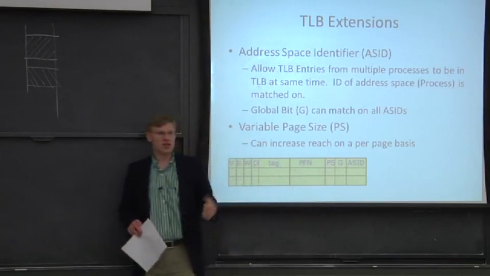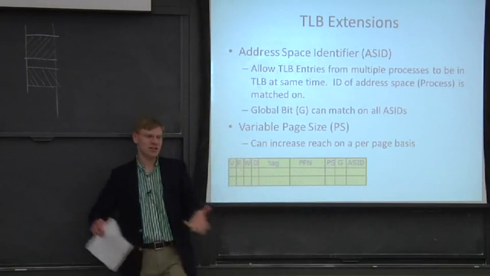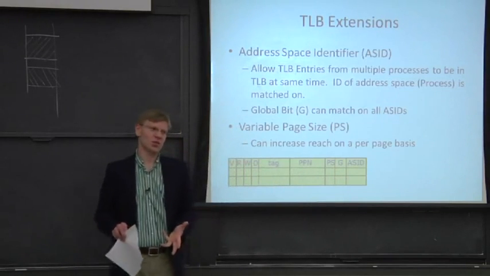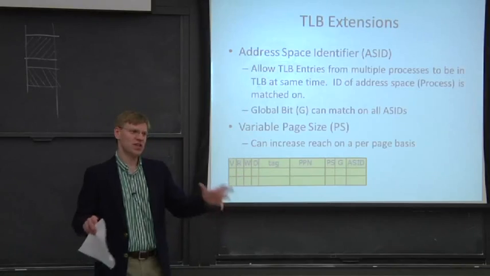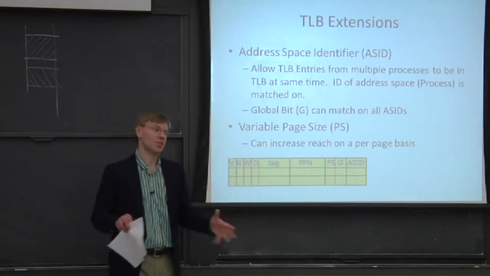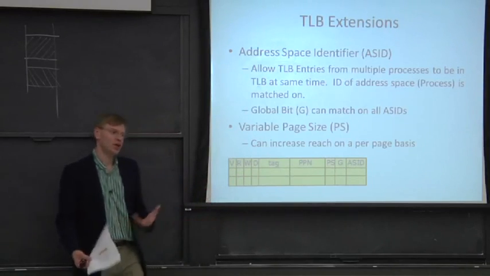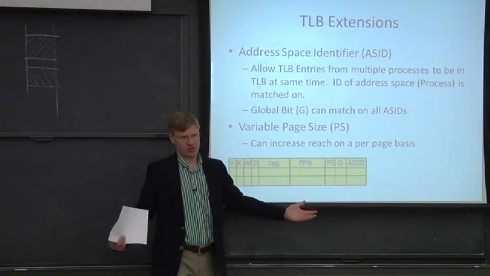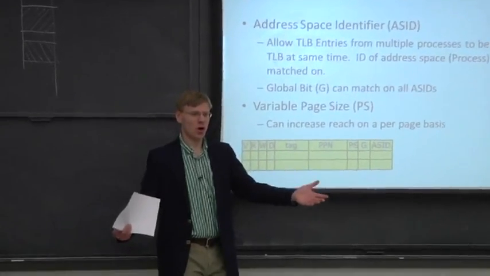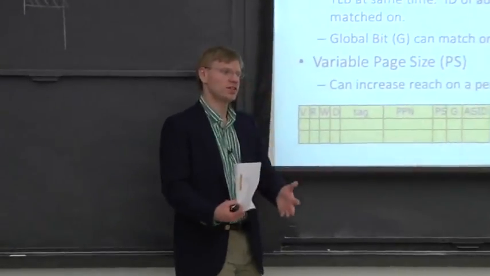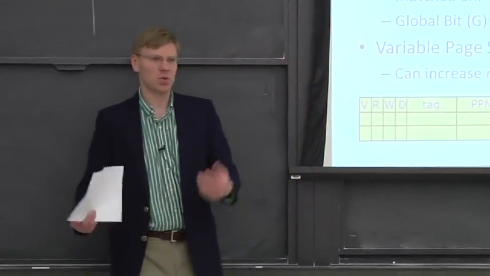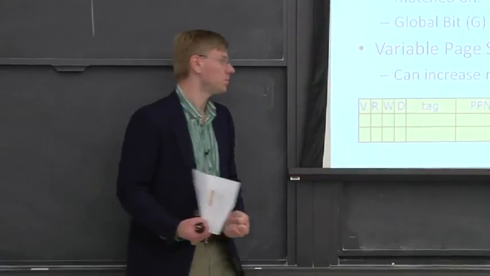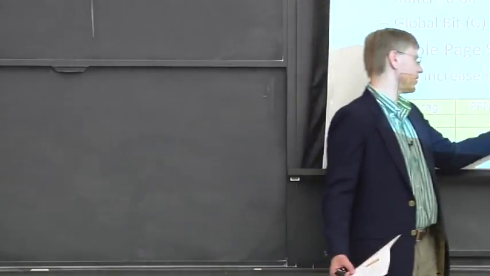And then the output is a different page size. So we can have 1 megabyte pages and 4 kilobyte pages at the same time in our page table. You can use the large pages for large pieces of memory that you know are all going to be there, and small pages for something where you're worried about internal fragmentation.